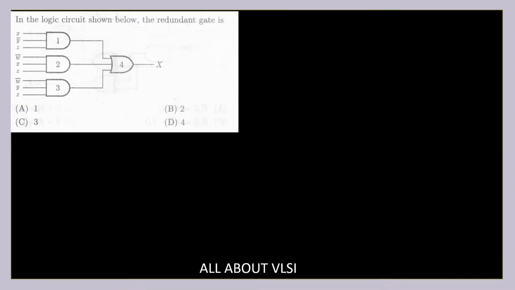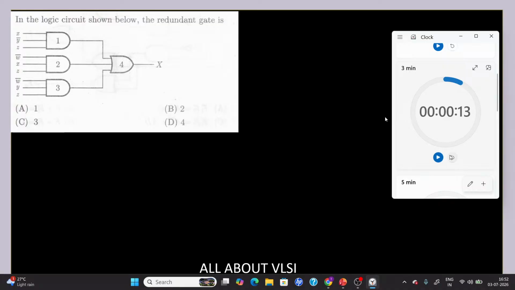Now, in this particular logic circuit shown below, we need to find out the redundant term. So try to find out which particular gate is not useful over here. You can take your time and try to solve it.